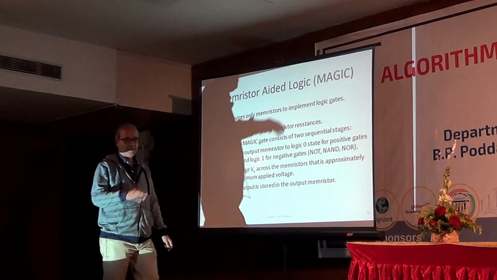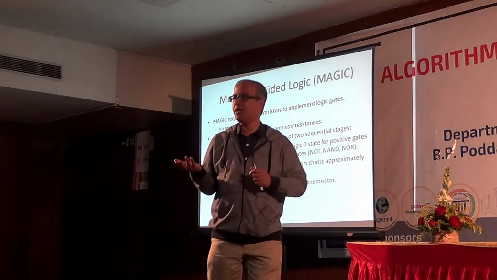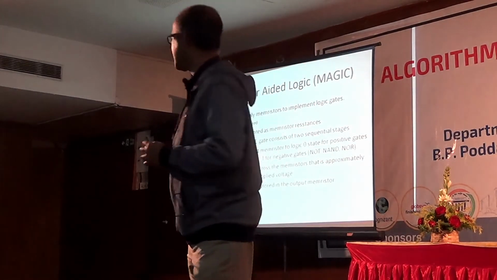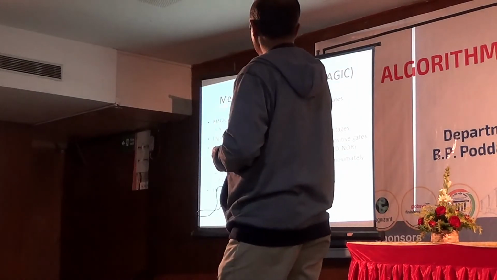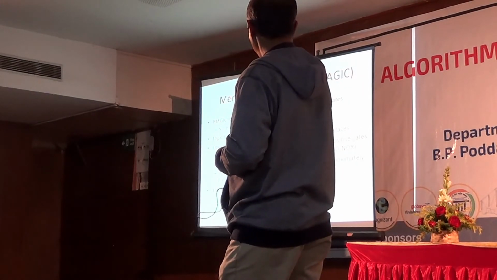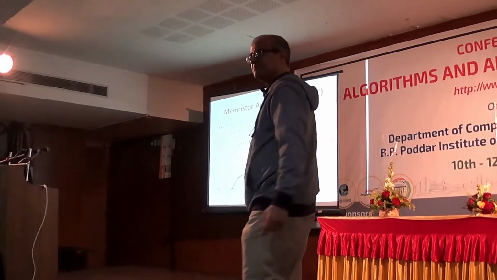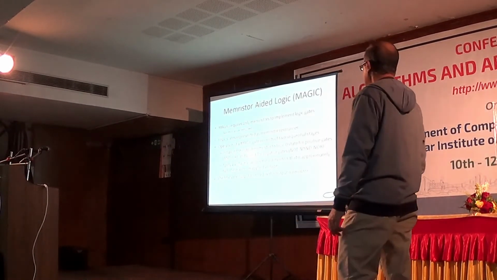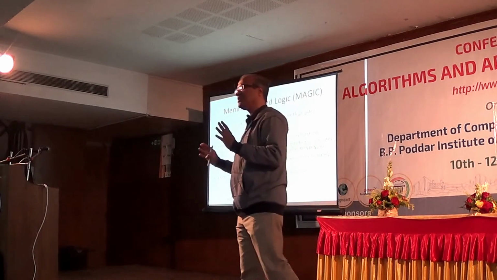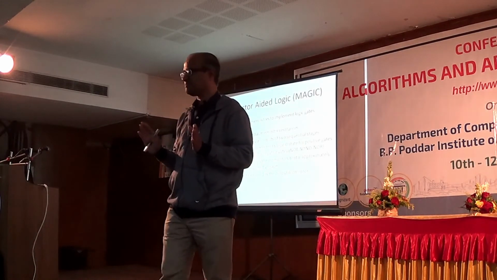Now, let us look at another way of designing circuits using memristor. This is called memristor aided logic, in short MAGIC. Now in MAGIC you do not need any resistances, only memristors.